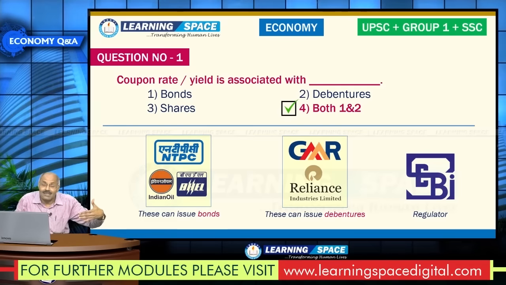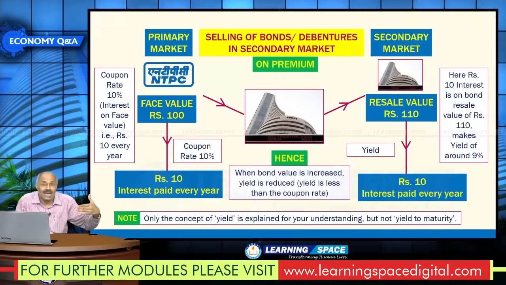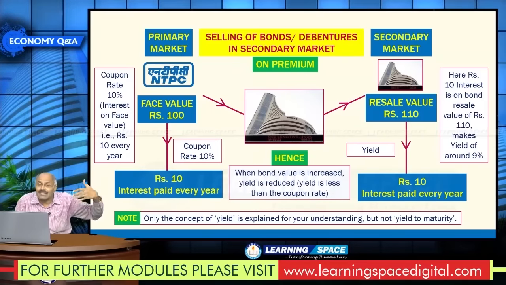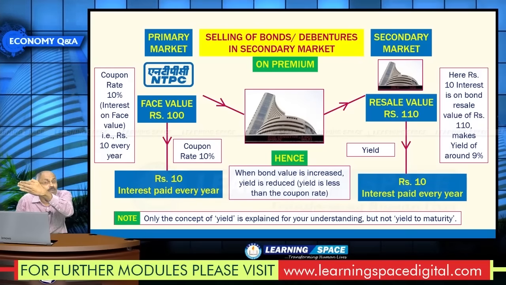Coupon rate is the rate at which interest is paid on the bond, and yield is also a very important term. If you look at bonds or debentures, please look at this slide. I have purchased a bond for rupees 100 and I can sell it through stock exchanges. If I sell the bond at rupees 110, then the person who purchased it will get a lower yield.